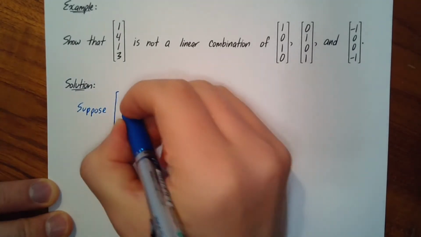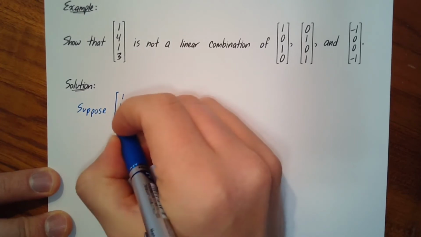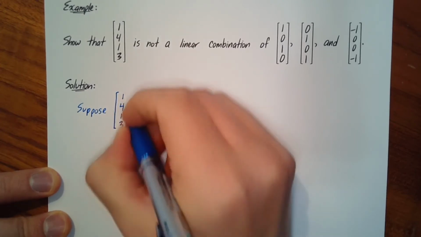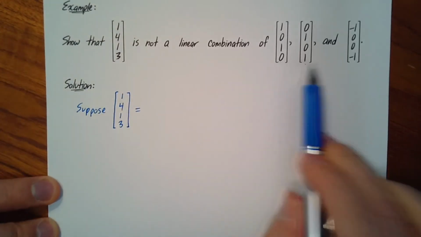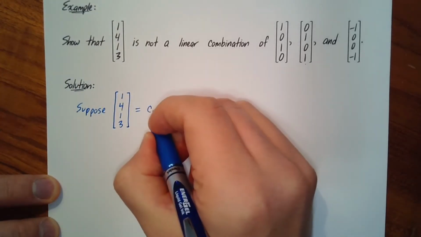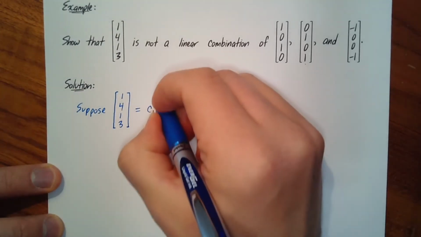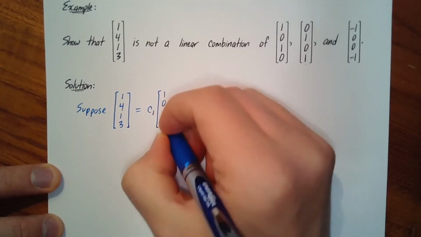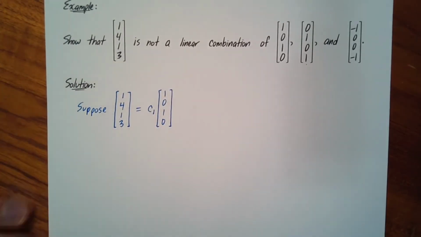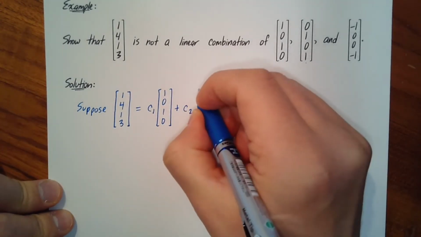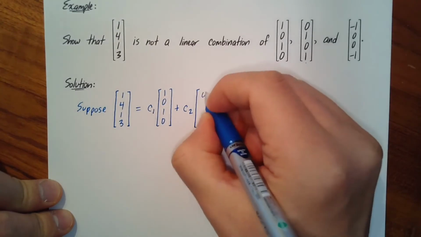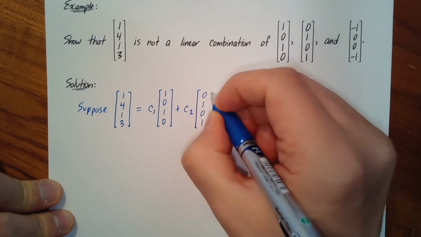Well, that would mean that we could do the following. We'd be able to write the vector 1, 4, 1, 3 as a linear combination of these other three vectors. Well, that means we can write some scalar C1 times 1, 0, 1, 0, plus another scalar times the second vector in our list, which is 0, 1, 0, 1.